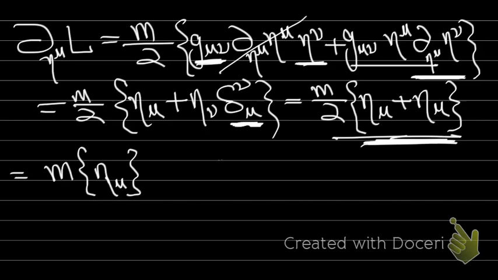Okay, so what is this equal to? This is equal to the partial derivative with respect to eta nu of the Lagrangian.